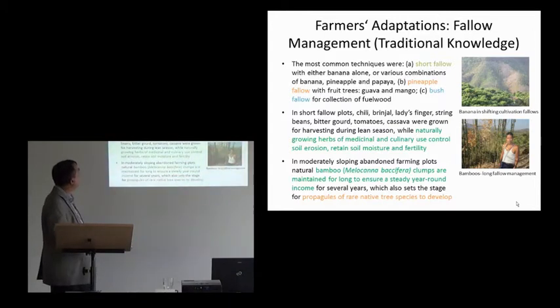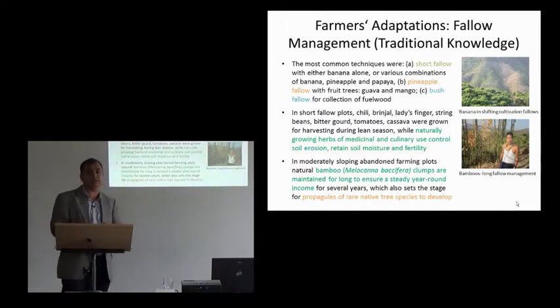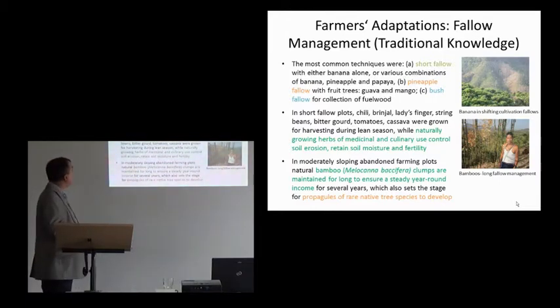And then, what traditional knowledge have I found in farmers' adaptations to fallow management? They follow 3 kinds of traditional fallow management. Short fallow, which consists of either banana or a combination of banana, pineapple, and papaya.